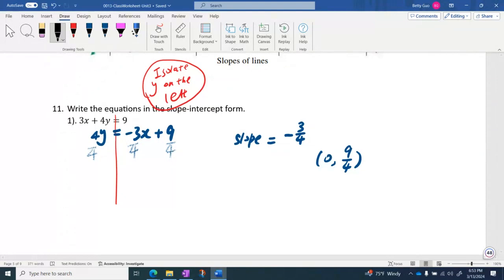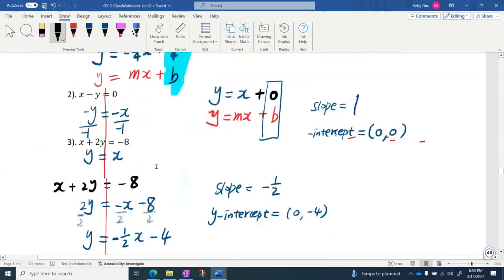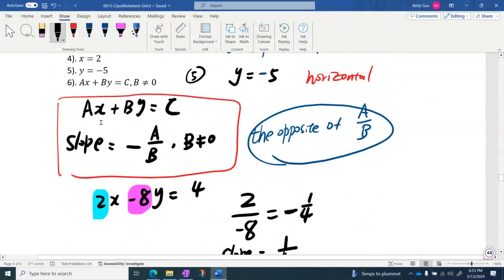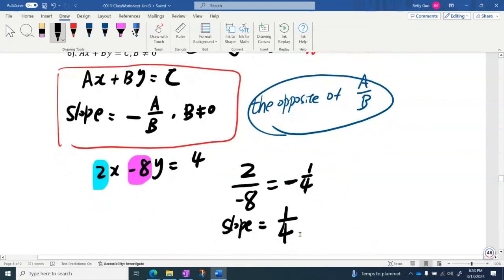How do we rewrite a straight line in slope-intercept form and identify the slope and the y-intercept from it? The second thing is this formula we just proved. If we have a straight line written in standard form, we can apply this formula to quickly find the slope. I use this method.